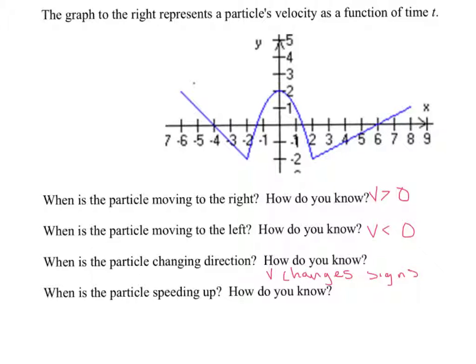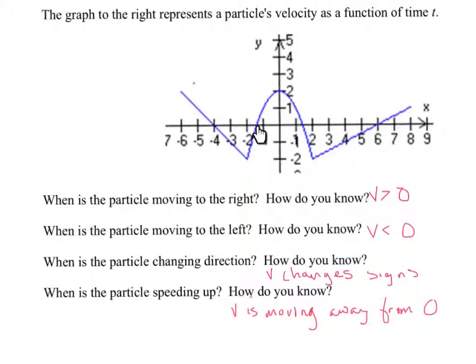Now, when is it speeding up? We're speeding up when velocity is moving away from 0. Let's talk about why that makes sense. From -6 to -4, the velocity was 2 and then it was 0, so it must have been slowing down. But from -4 to -2, it went from 0 to -2, so it's speeding up, but going backwards, or moving left.